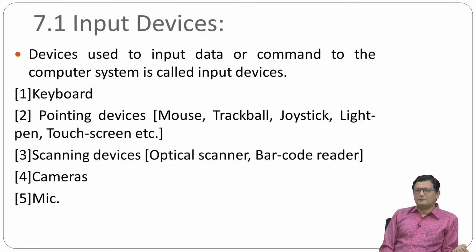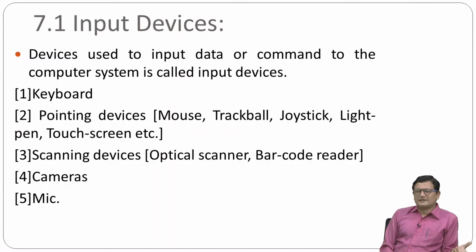It is called a barcode reader, and with the help of the barcode reader, which product you have purchased and the price of that particular product will be automatically recognized, right? So devices like the optical scanner and barcode reader are again input devices.